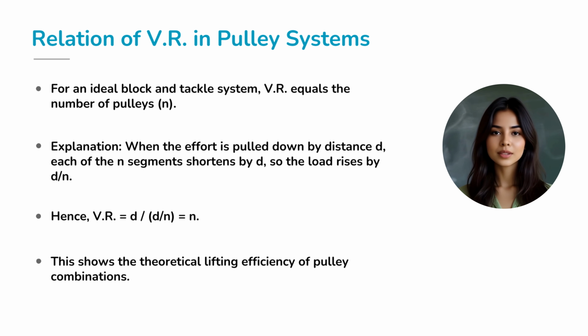As a result, the load moves upward by only d divided by N. Therefore, velocity ratio equals distance moved by effort divided by distance moved by load, which gives d divided by d over N, and that equals N. This simple idea explains why multiple pulleys can reduce effort while increasing displacement.